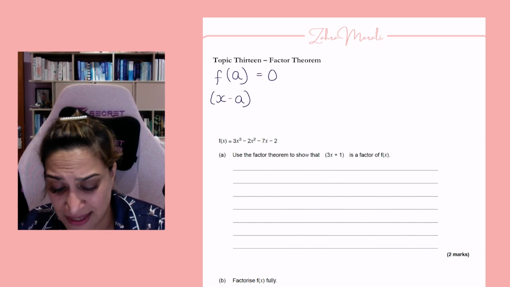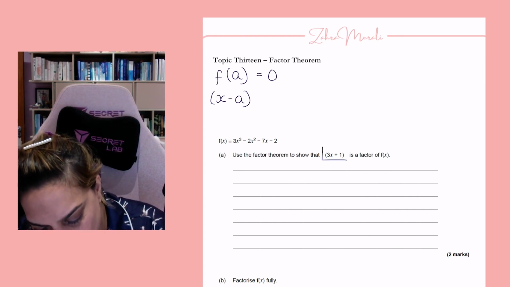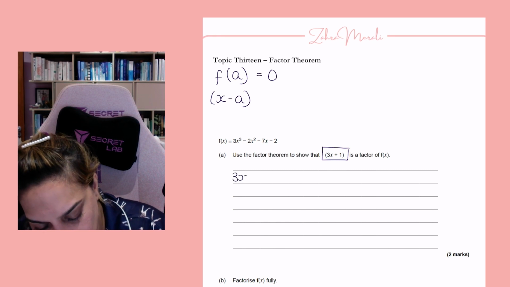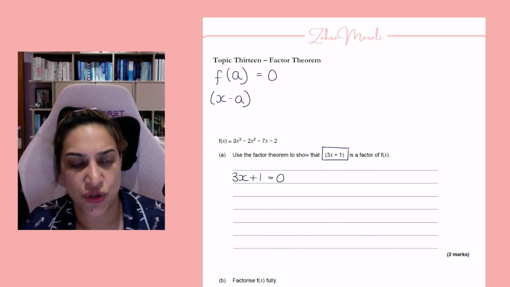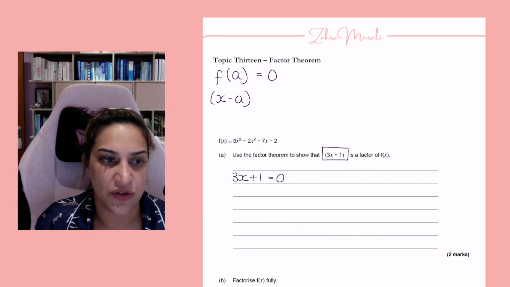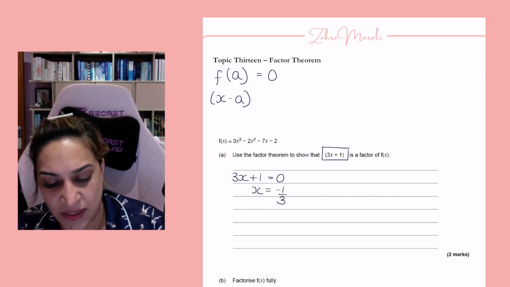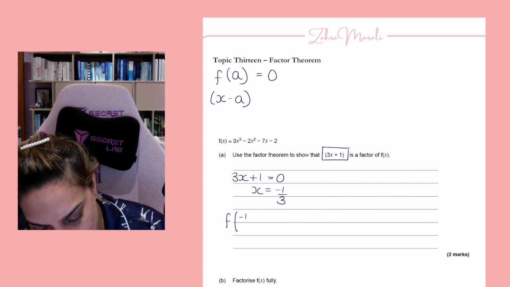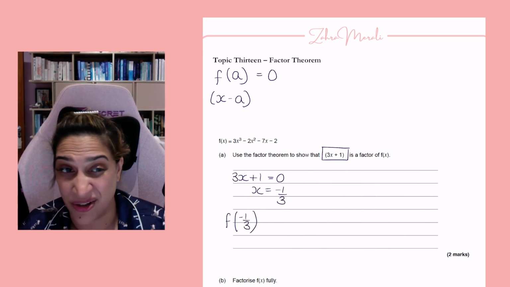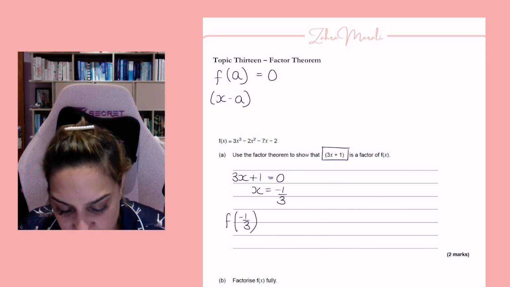So your first step is always to take what you've been given and make that equal to 0, as if you were solving it for the roots. So when we do that, we get x equals minus a third. So this tells us f of minus a third should be 0.